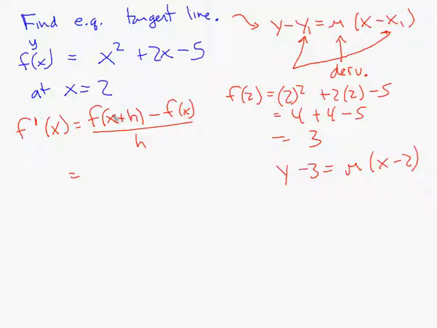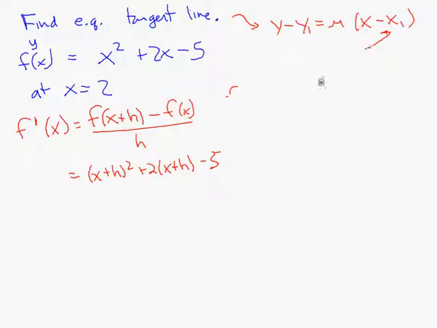We distribute, we expand, so we get x squared plus 2xh plus h squared plus 2x plus 2h minus 5, distribute that negative, minus x squared minus 2x plus 5, all over h.